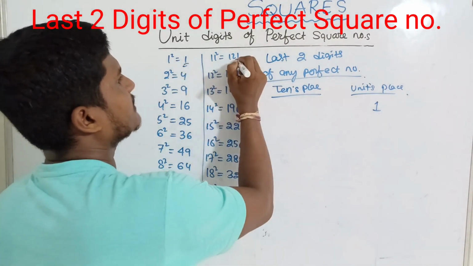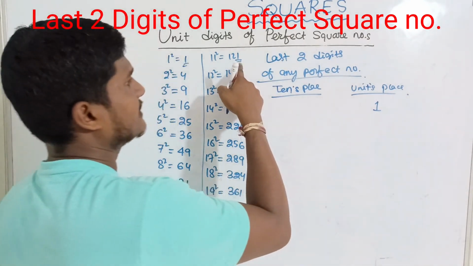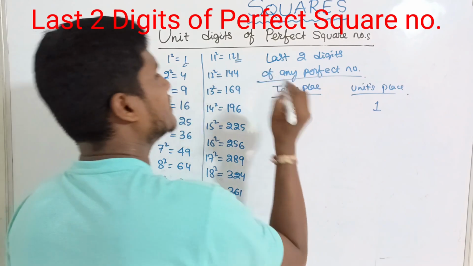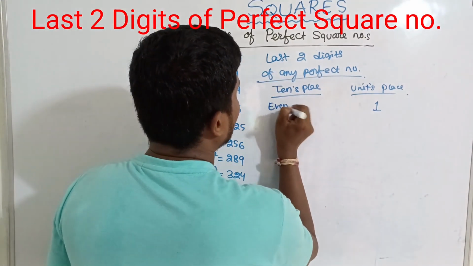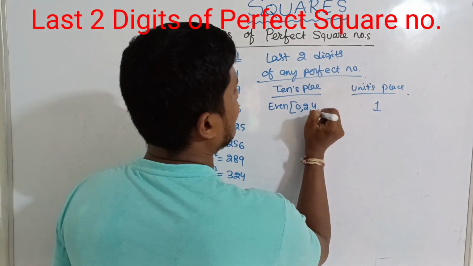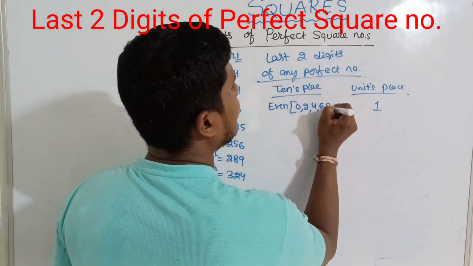This is 1 and this is 1, so the units place is 1 and the tens place is an even number. Even numbers means 0, 2, 4, 6 and 8.